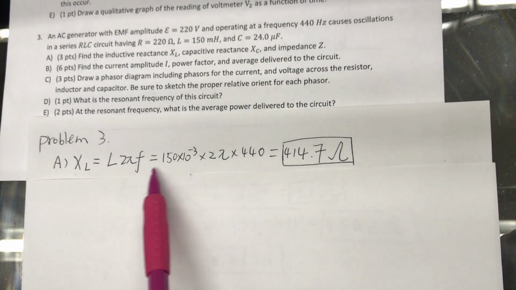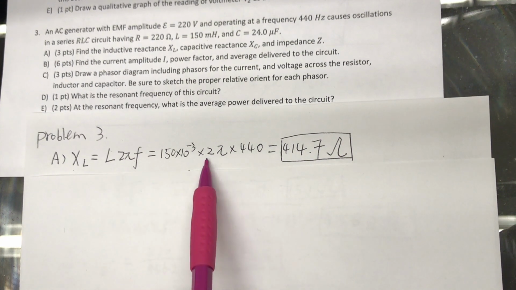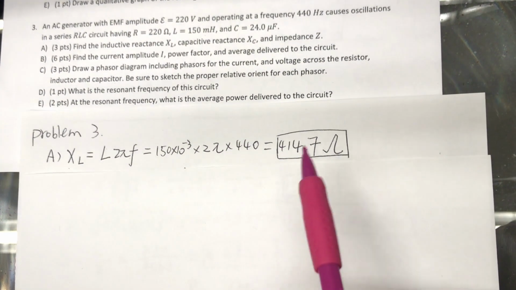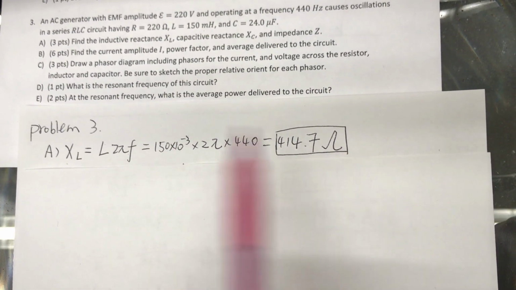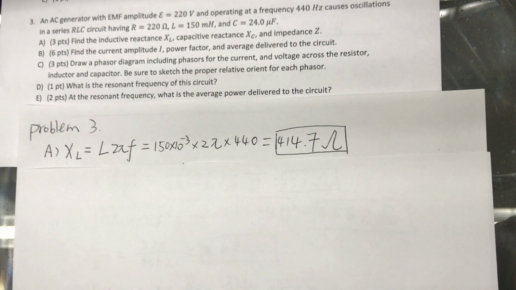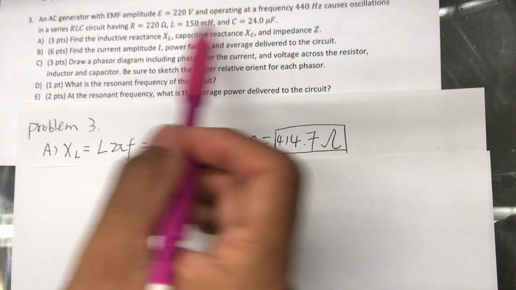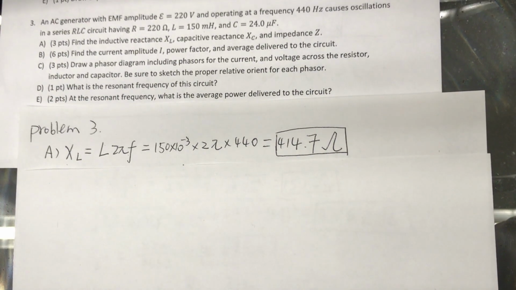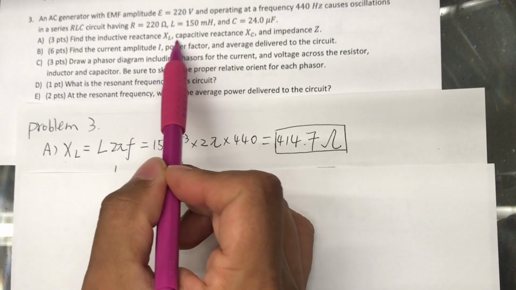So plug and chug. 150 millihenries times 2 pi times 440 hertz gives us 414.7 ohms. That is the inductive reactance of this generator.